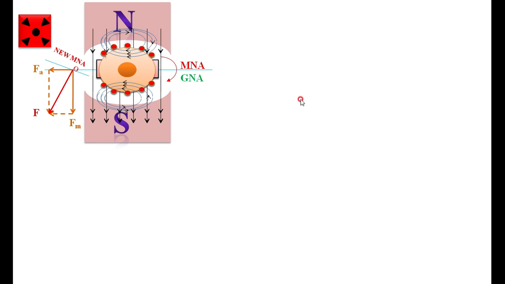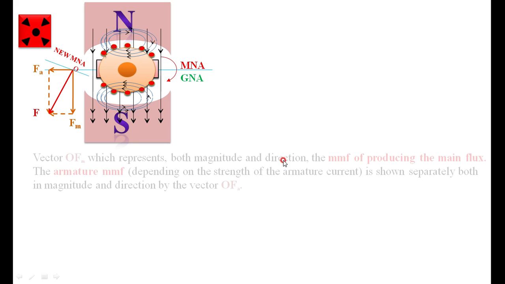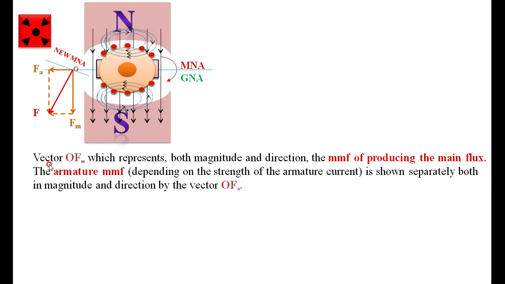So there is a shift of the magnetic neutral axis because of the armature flux. If there is no armature flux, the MNA and GNA coincide. Whenever Fa exists, there is a shift of the magnetic neutral axis, which is perpendicular to the resultant flux. The same thing is written here: the vector OFM represents both the magnitude and direction of the MMF producing the main flux, and the armature flux MMF is shown separately by the vector OFA.